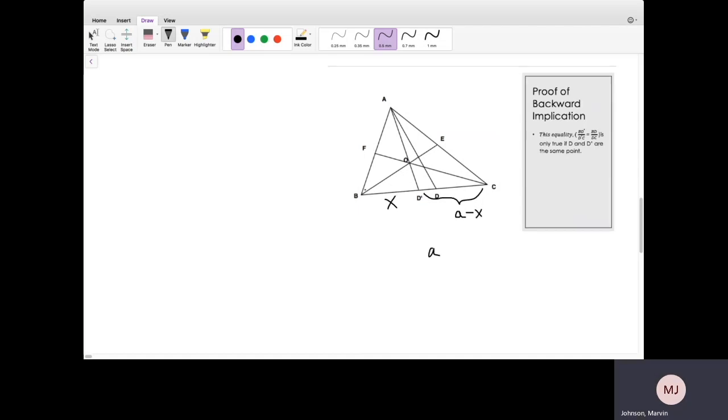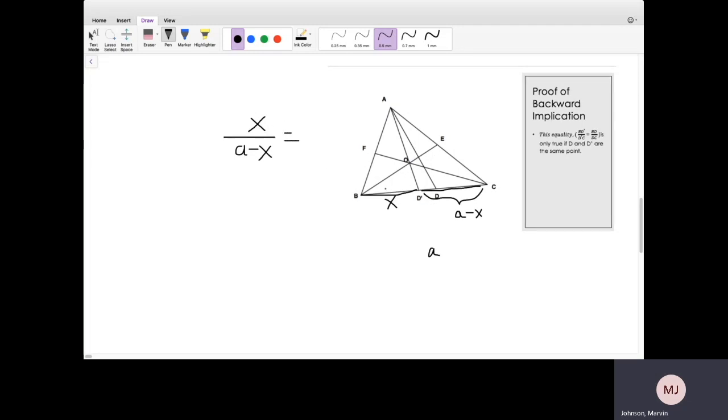So the ratio between this part and this part we can write as a function, X over A minus X. What we want to prove is that there are no two different X values that will give the same output, the same ratio.